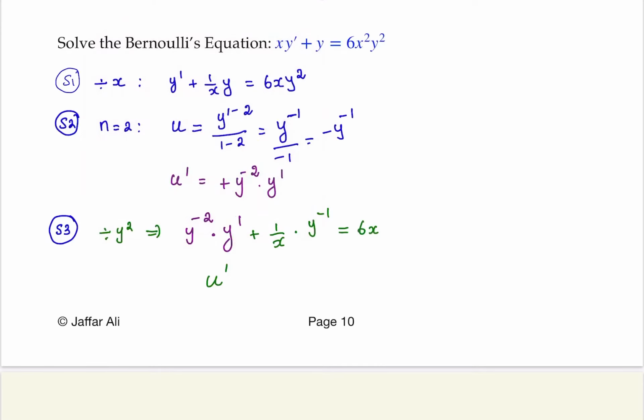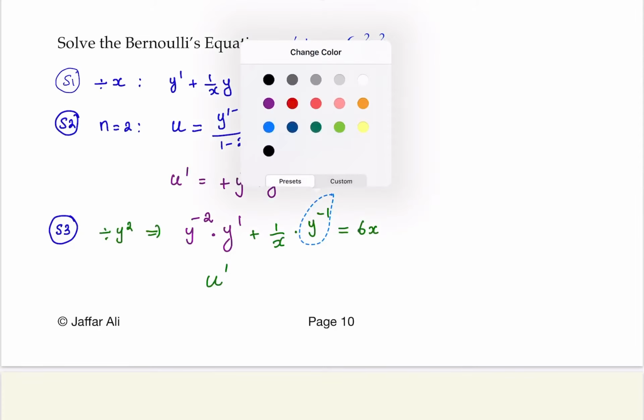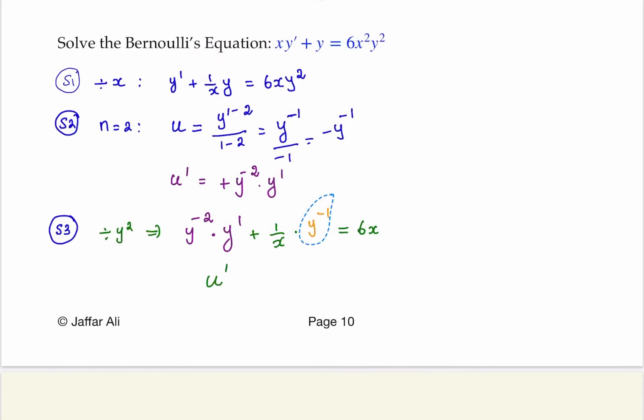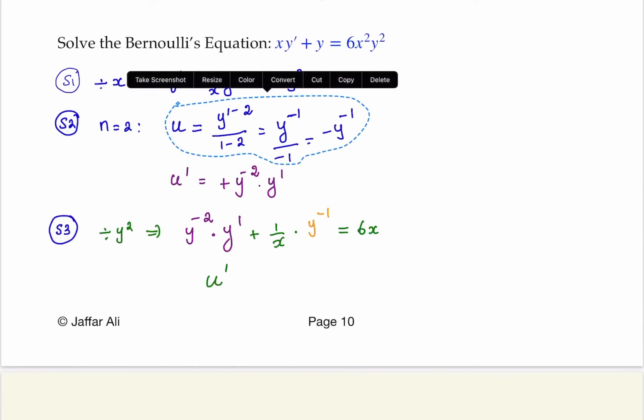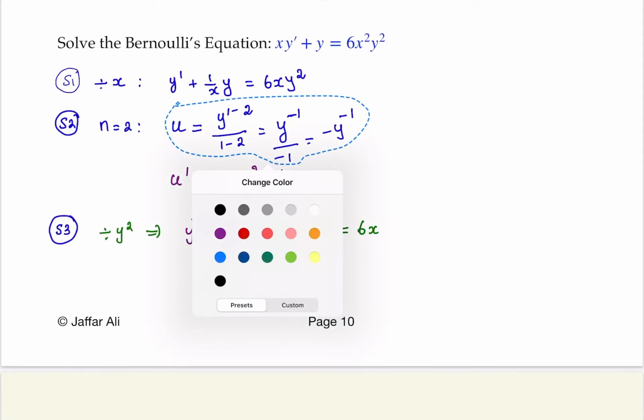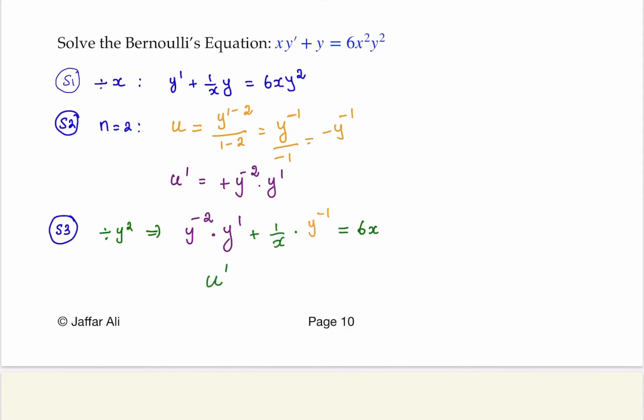And I'm going to change that into, let's just say, orange. And there is also this right here, which I'm going to use, not exactly, there is a negative in there, but that's okay. We can work with that and the orange there, right? So now I have, this is my u prime and here is my u.